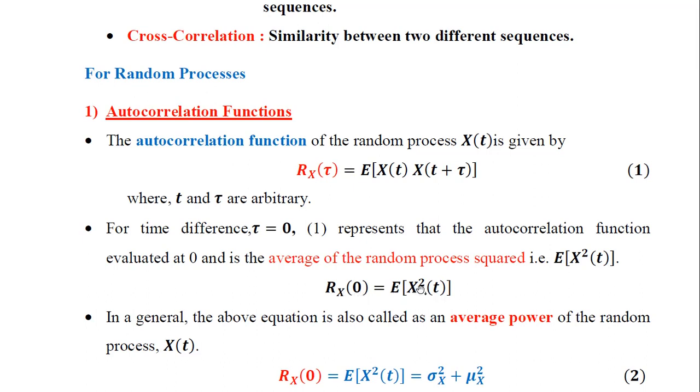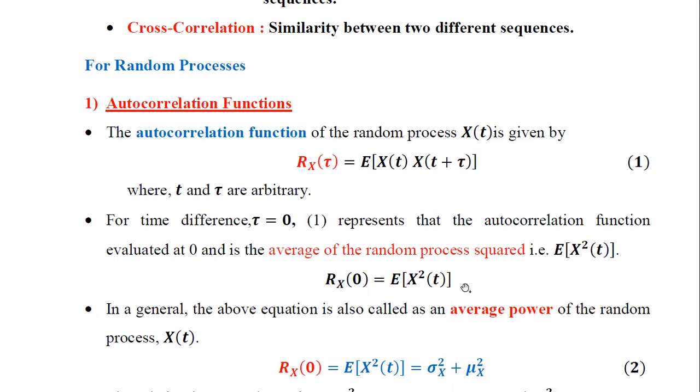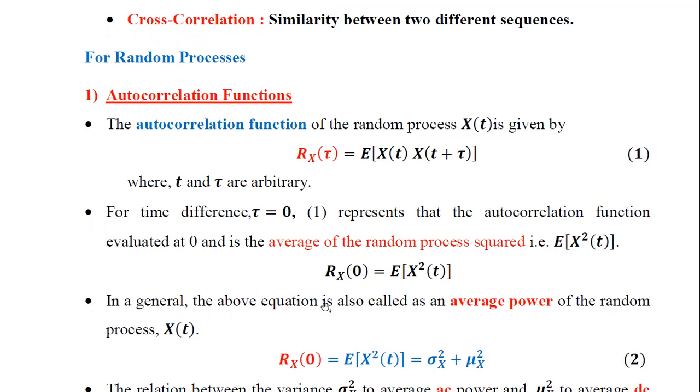Rx of 0 is equal to E of x square of t. In general, the above equation is known as the average power of the random process x of t. This is how we calculate the average power of the random process.